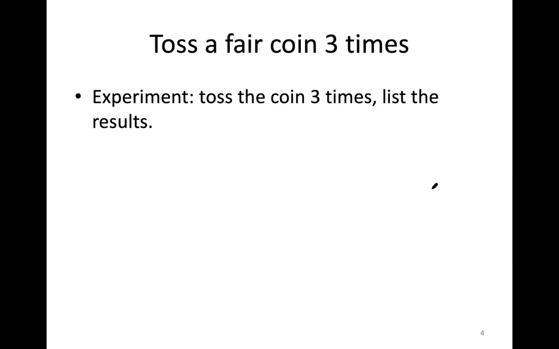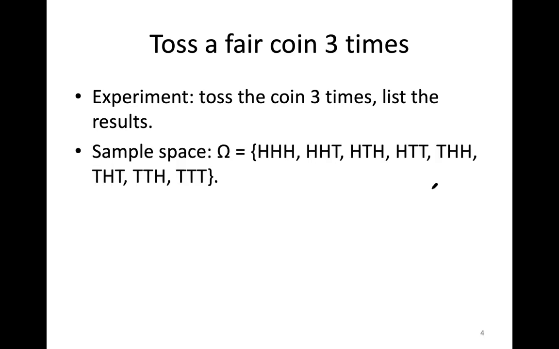Now I'm tossing a coin 3 times. This will be my experiment. Here are the possible outcomes: head, head, head; head, head, tail; head, tail, head; and so on, down to tail, tail, tail. All of these are possible outcomes. How many possible outcomes? 2 to the power 3, which is equal to 8.